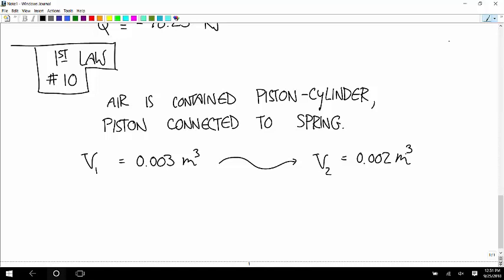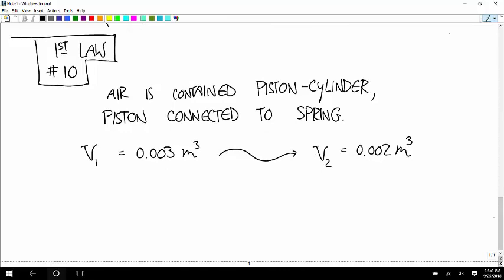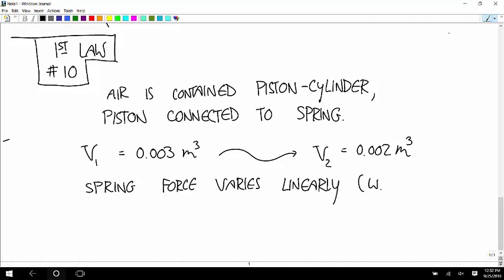So the air is contracting, and the spring force varies linearly with volume.